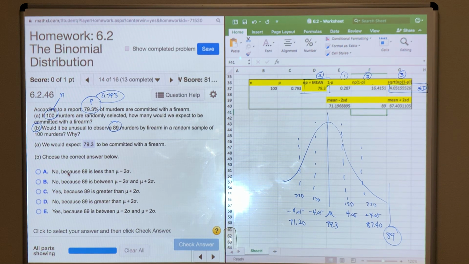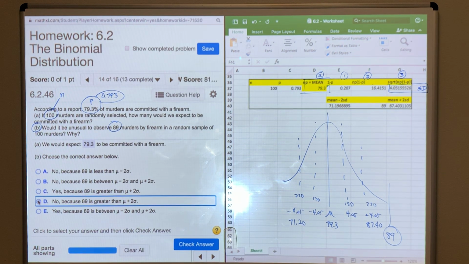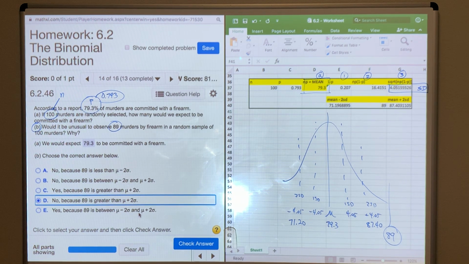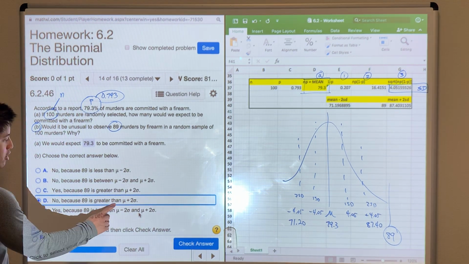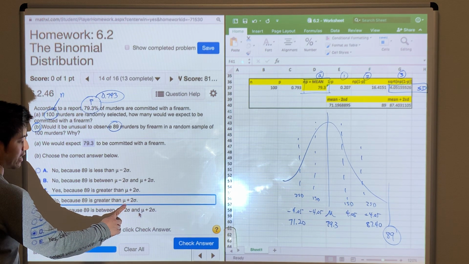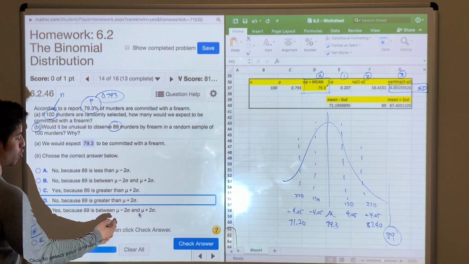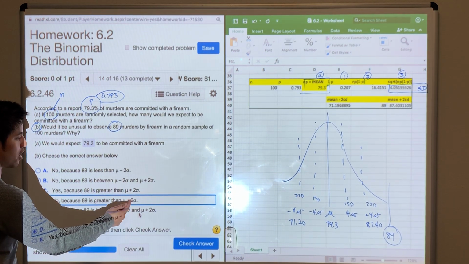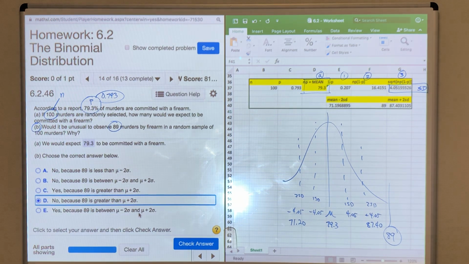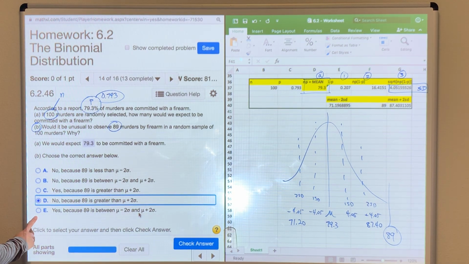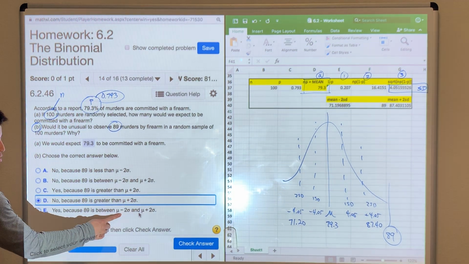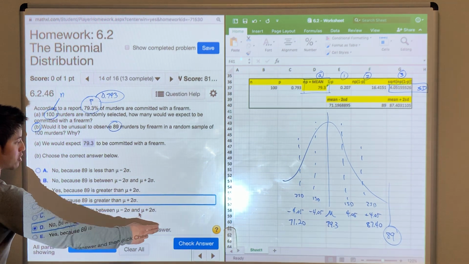No, because 89 is greater than my mean plus 2 standard deviations, or 2 standard deviations above my mean. Select the correct one. If my number fell between, I'd say yes, because 89 is between these two things, 2 standard deviations down and 2 standard deviations up.